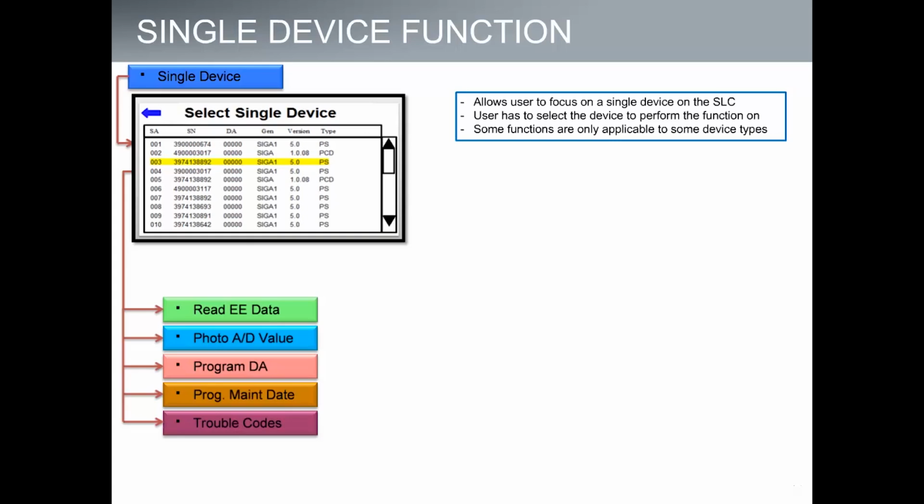Single device function. The single device function allows a user to diagnose a single device within a loop or outside a loop. The single device function consists of 5 sub-functions that will include read EE data, photo AD value, program device address, program maintenance date, and trouble codes.